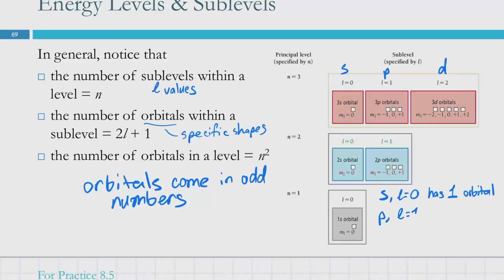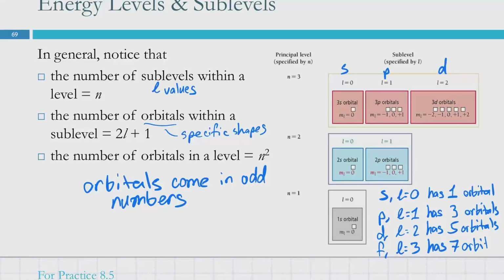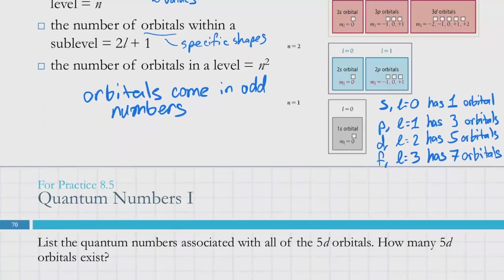P, or L equals 1, has, jumping the gun, 3 orbitals. D, or L equals 2, has 5 orbitals. How many orbitals is F, or L equals 3, going to have? 7. Yeah, that's the next number in the pattern. It has 7 orbitals. So there's 7 different unique shapes in our F subshell or our F family.